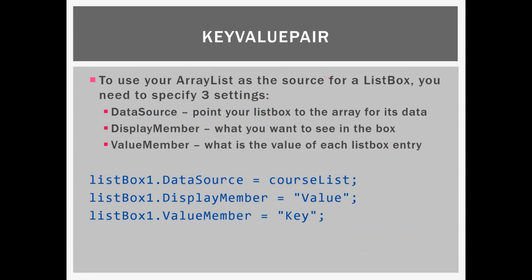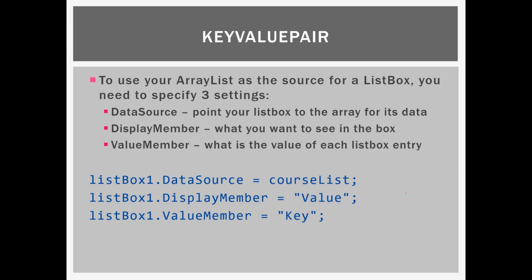So if you have an ArrayList and you want to use it as a source for a list box, then you need to specify three settings for the list box: the DataSource, the DisplayMember, and the ValueMember. The DisplayMember is what you see, and the value is the selected value when you pick it.